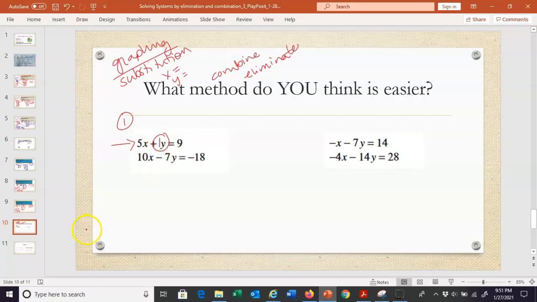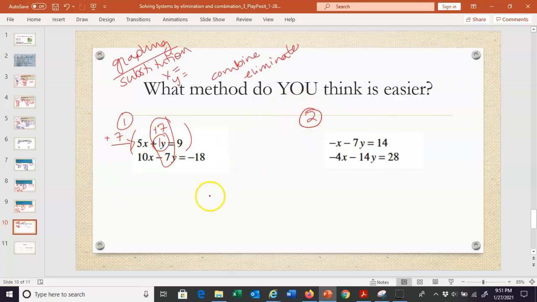Some might argue that this one should be easy for combination and elimination, because you could just multiply the entire first equation by -7. And then look, these would be opposites of each other. Or I'm sorry, +7. Those would be opposites of each other. And then you could eliminate.